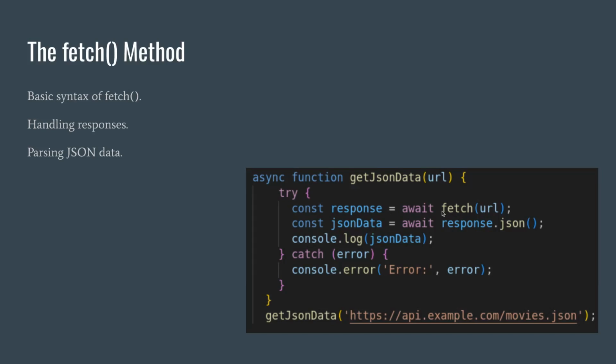If you look at this example, we're fetching a URL, and we're parsing it by calling the JSON method. This demonstrates how fetch doesn't directly return the response data, but provides a promise that we then process to extract the needed information.